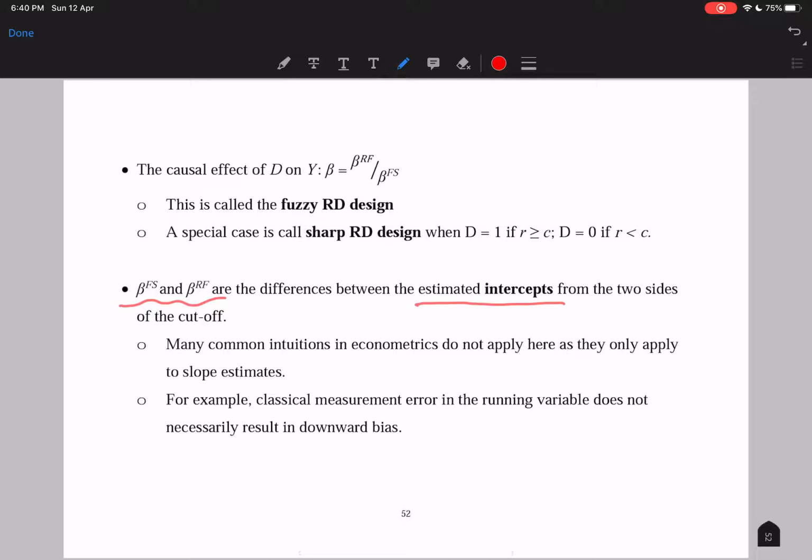In fact, that actually becomes a very tricky problem. But for now, just keep in mind that the RD estimates are not estimates for the slope. The RD estimates are estimates for the intercept, the difference of the intercepts.